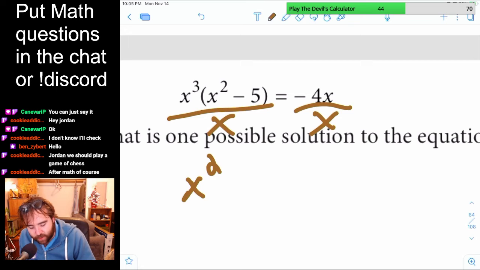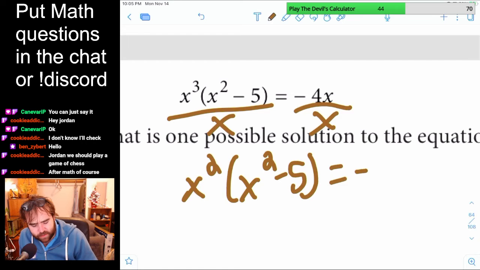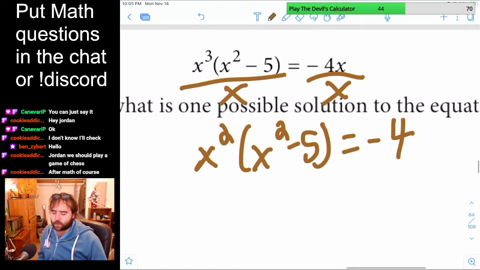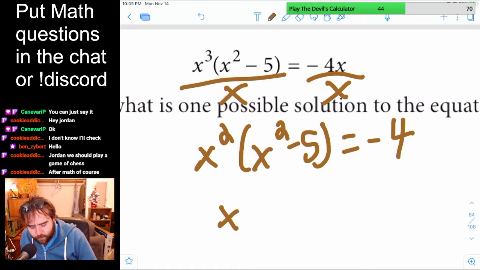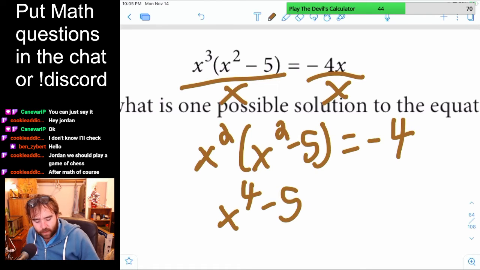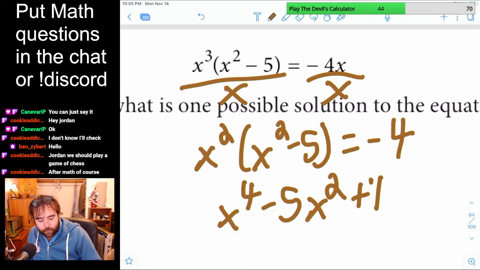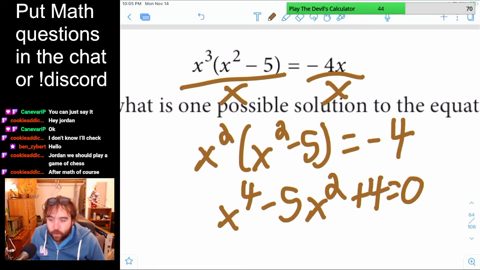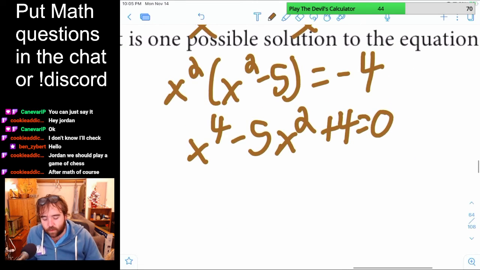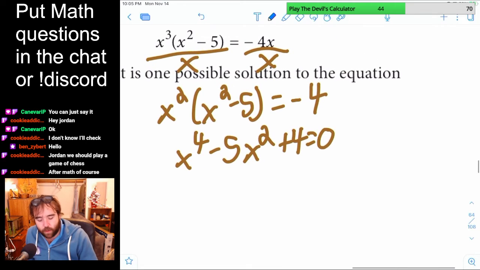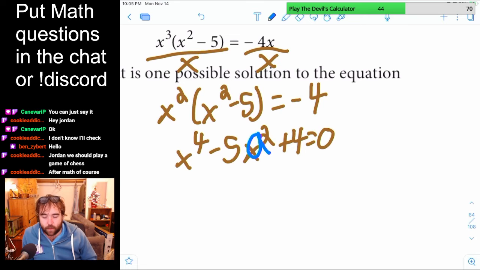So then we just have x squared times x squared minus 5 equals negative 4. And from there, I do think we're going to have to distribute that x squared. So x to the 4th minus 5x squared. And then we're going to add that 4 to the other side. And the whole point of that is that now we're going to be able to factor. We can do what I like to call a substitution, where we say that x squared is equal to a.